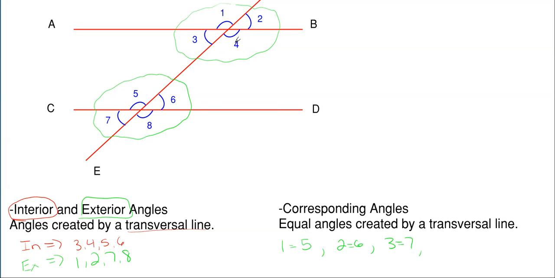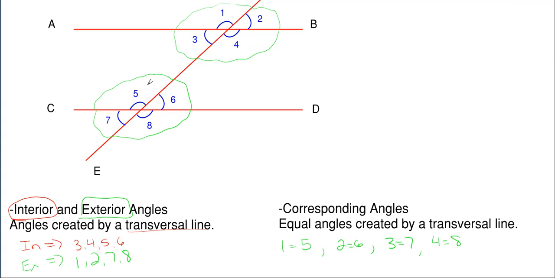And then in the bottom right, you have 4, which is equal to 8 in the bottom right. That really helps out because if you're trying to determine what angles are here, if you know what 4 is, boom, you know what 8 is. If you know what 1 is, boom, you know what 5 is. So it really does help out knowing those corresponding angles.